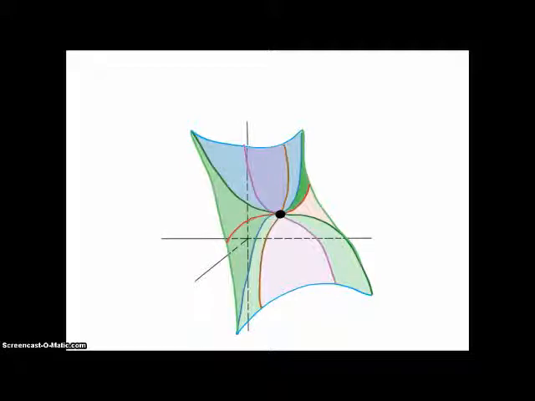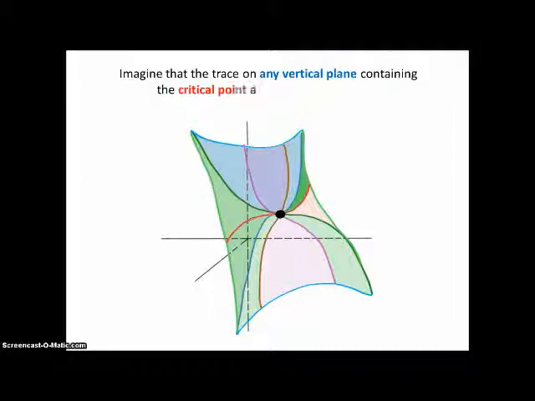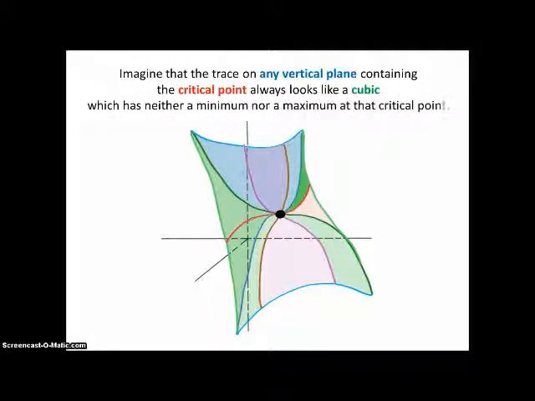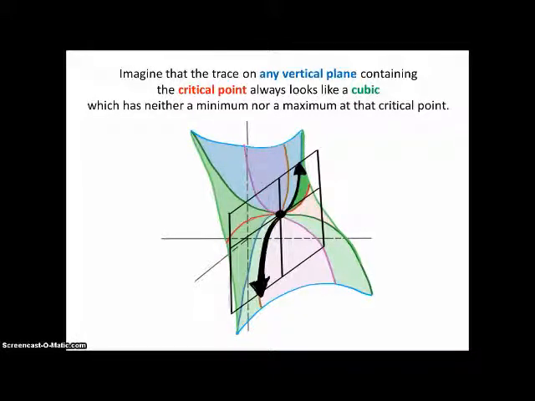Here's a surface where the trace on any vertical plane containing the critical point, shown in black there, always looks like a cubic, which has neither a minimum nor a maximum at that critical point. So you wouldn't be able to slice it and get a minimum or a maximum. A little bit hard to picture, and my drawing isn't very good, but basically, no matter how you slice it, you get a cubic. So according to Edwards and Penney, that is not a saddle point. And I think I side with them because I can't imagine sitting on a point like that.